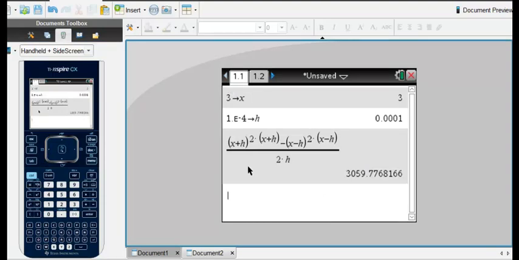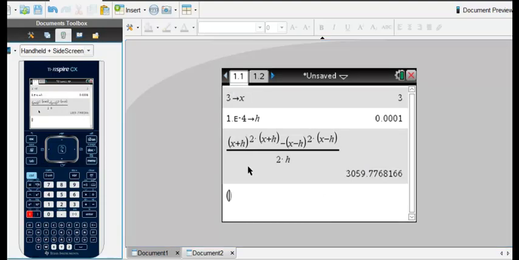Now I can enter it this way. It's F1. You can actually just type it in using the letters if you want. F1 of x plus h, because I have things stored as in here. You know what? When you do graphing, it may change the value of x.